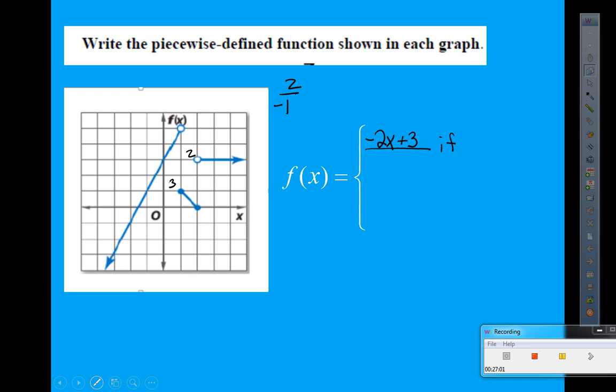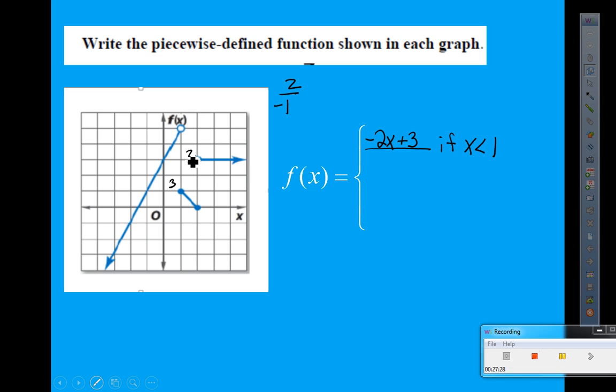Now you have to tell the world what x values you're using. So I've got if. Ignore these 2 guys right here. Come straight down. What's your x value right here? It's 1. So I'm going to say this line works only if x is less than 1. And I put only less than because it had an open dot to it.